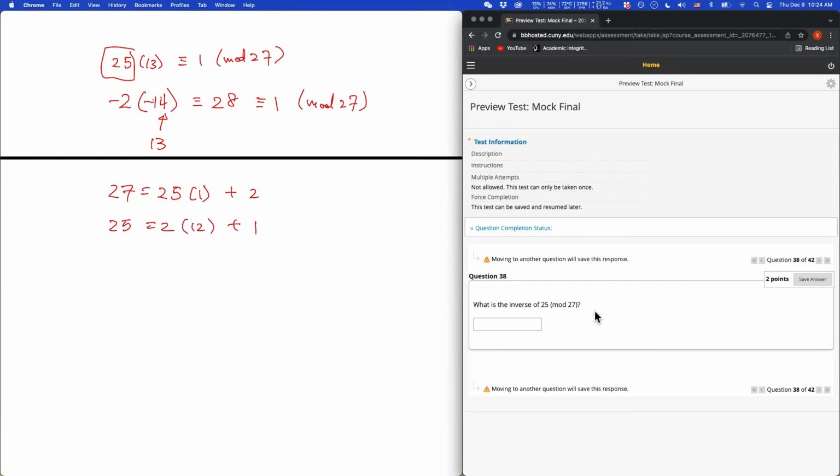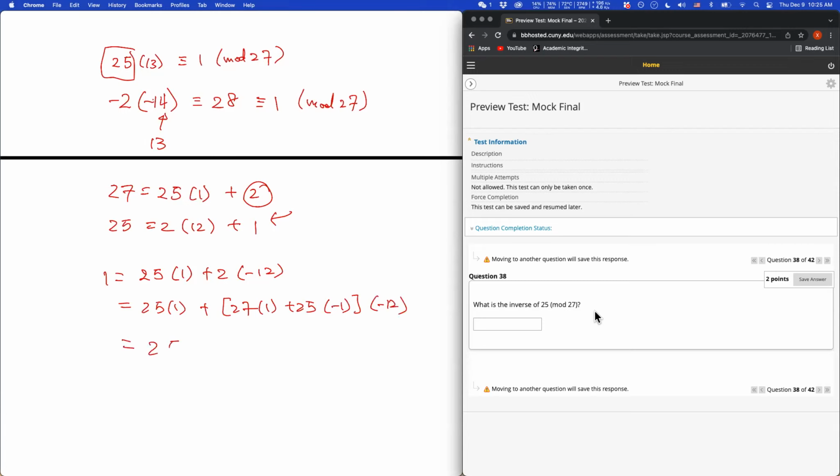Now, if you do the process backward to get the linear combination, and then you substitute the 2, you have 25 times 13 plus 27 times negative 12.